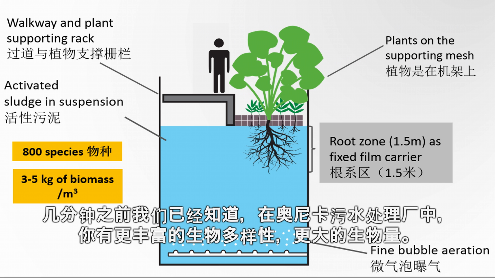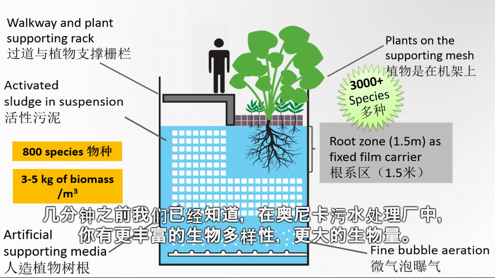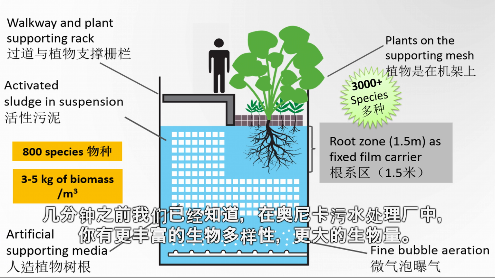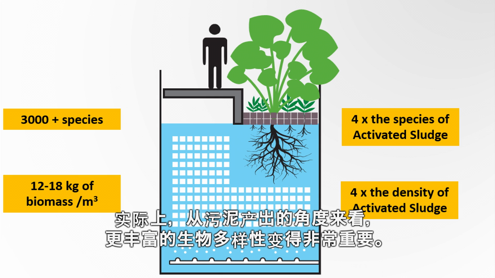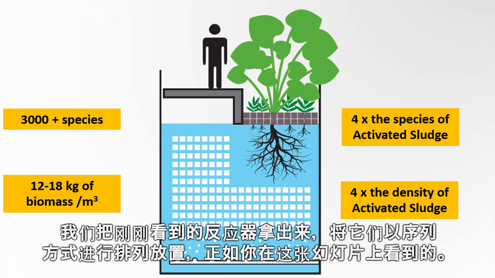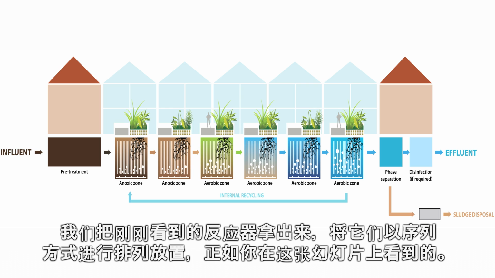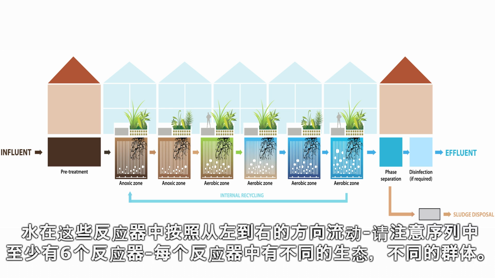We have established a few minutes ago that in an Organica plant, you have a larger biodiversity and you have larger biomass. It is really the larger biodiversity that becomes very important from the sludge production point of view. We take the reactors that we looked at and we arrange them in a series, as you can see on this slide.